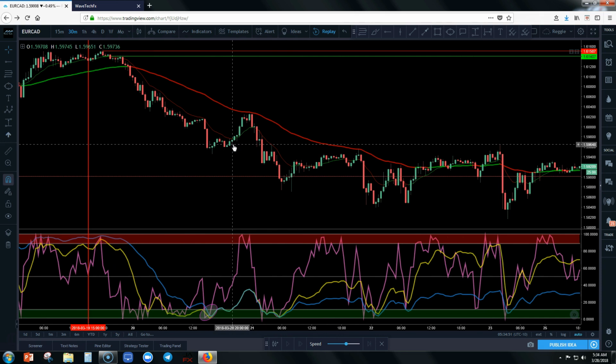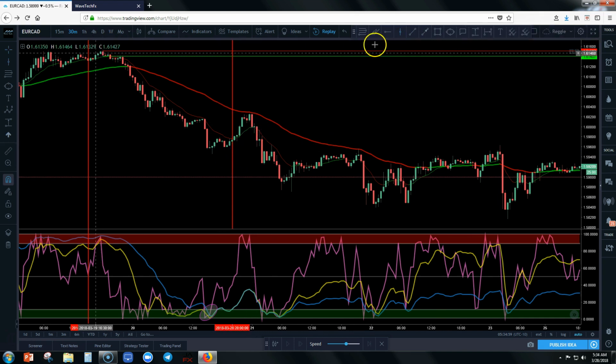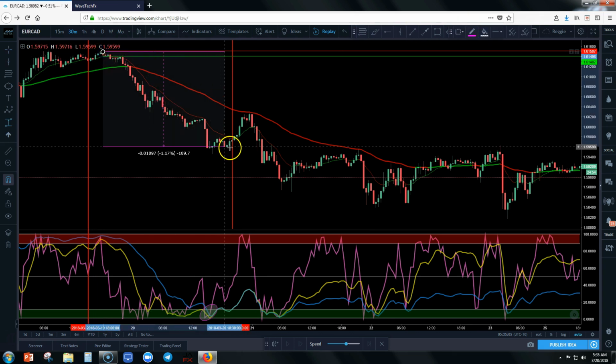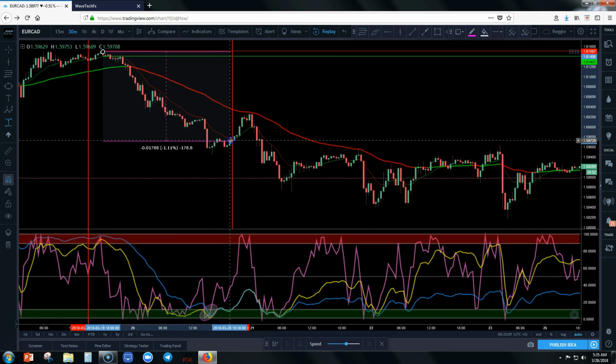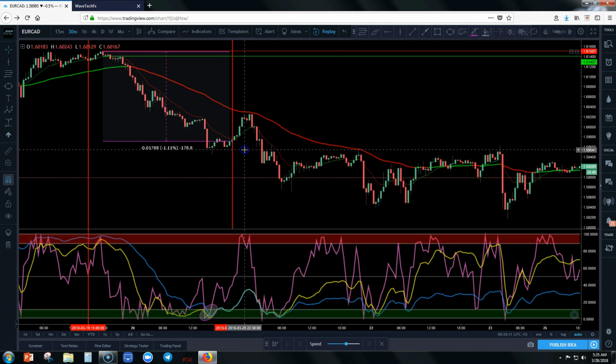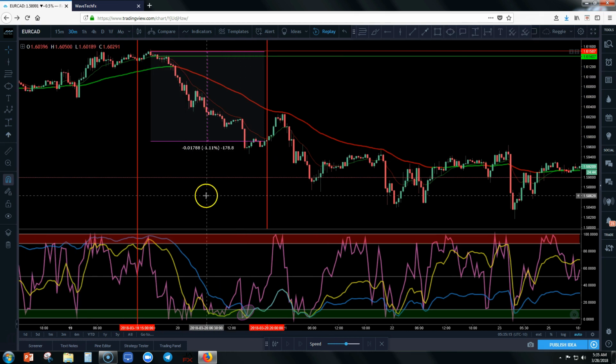Okay, so you can see when it flipped green here on this candle close, this candle right here. Okay, and if you rode it all the way down there, you would have captured approximately 178 pips, give or take a couple pips.